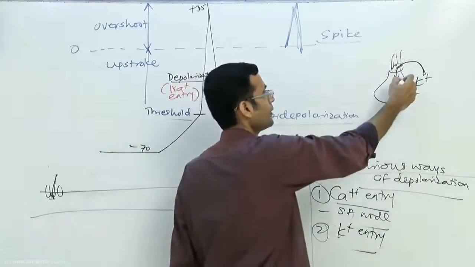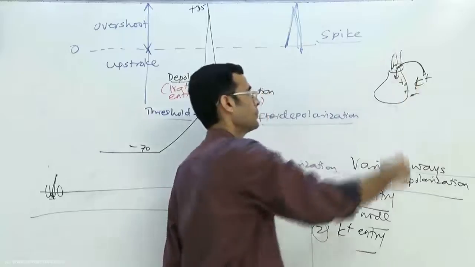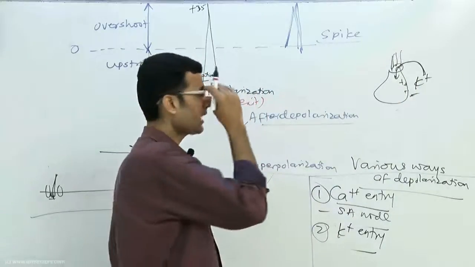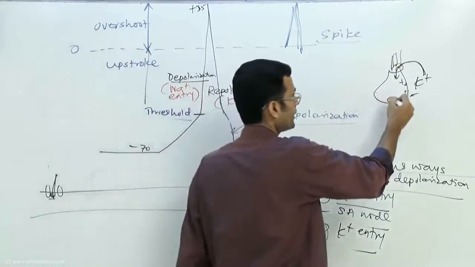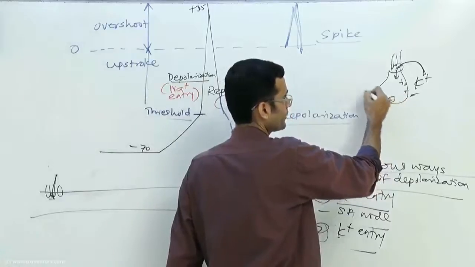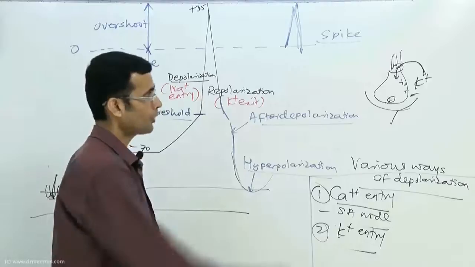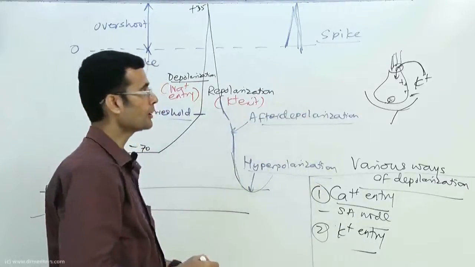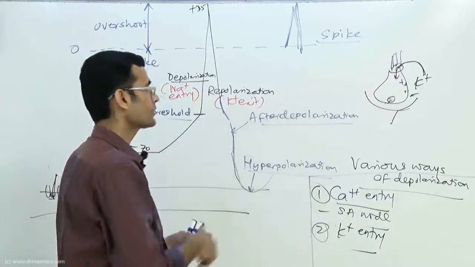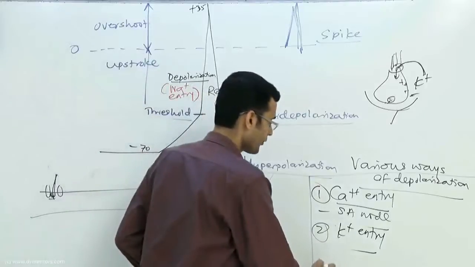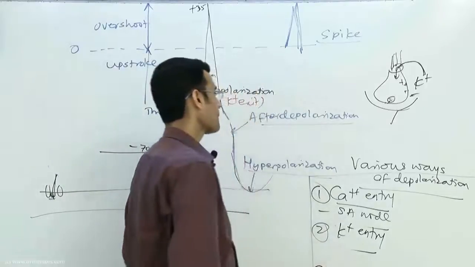This potassium influx depolarizes the hair cell membrane, and that opens the calcium channels. Calcium comes in, and then the neurotransmitter is released at the synapse with the vestibulocochlear nerve fibers. That's depolarization by potassium entry. Example, hair cell.